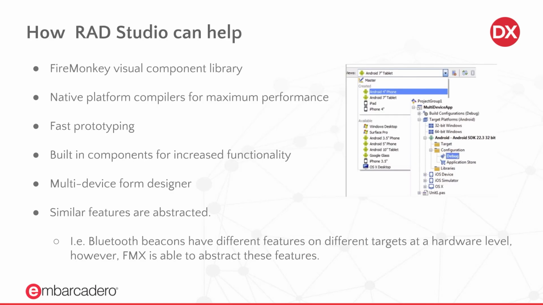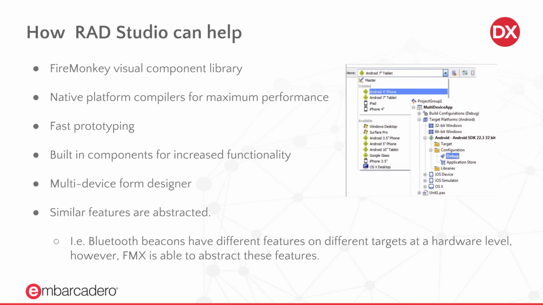There are several ways in which using RAD Studio, Delphi, or C++ Builder can help you to develop mobile applications that overcome some of the challenges. With the FireMonkey Visual Component Library, or FMX library, you get flexible designers, styling for each platform and platform components.